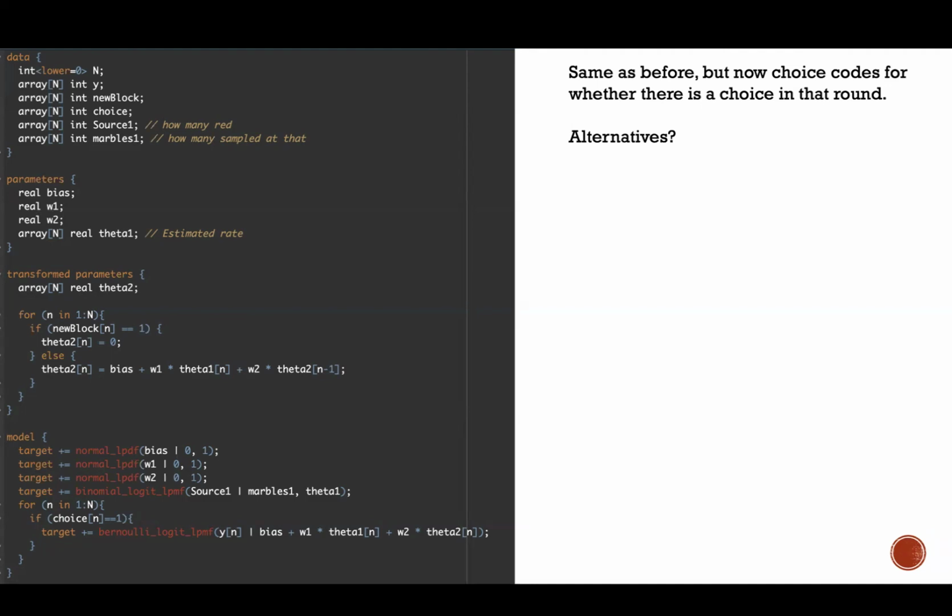We estimate bias, W1 and W2 given the actual red or green choice of the participant, right? The theta 1 and the theta 2. So basically, we're filtering out only those trials. Does that make sense?